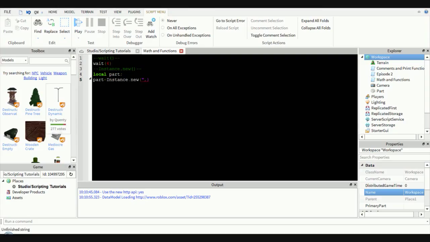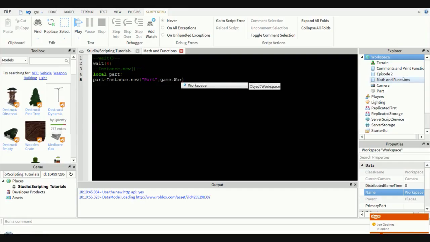So we will always have to put quotation marks or single quotation marks, so we can define it as a string or as a name for the class type, and the class type would be part. And then if we wanted to make it go into workspace, it would be game.workspace. Now let's try this out.